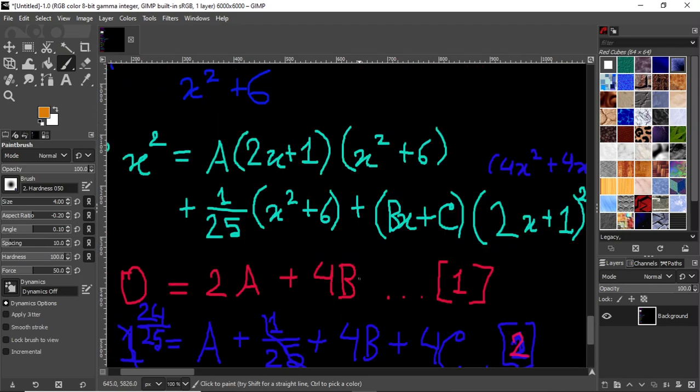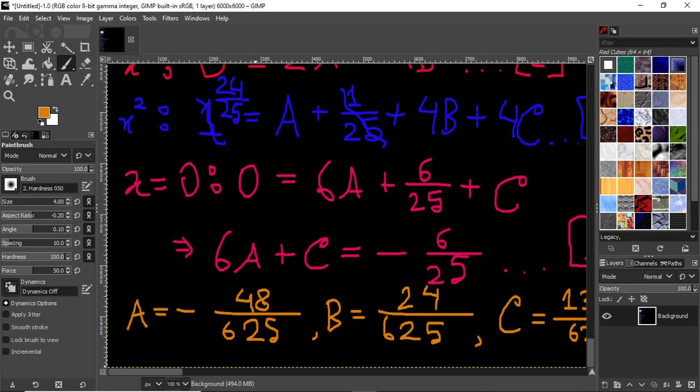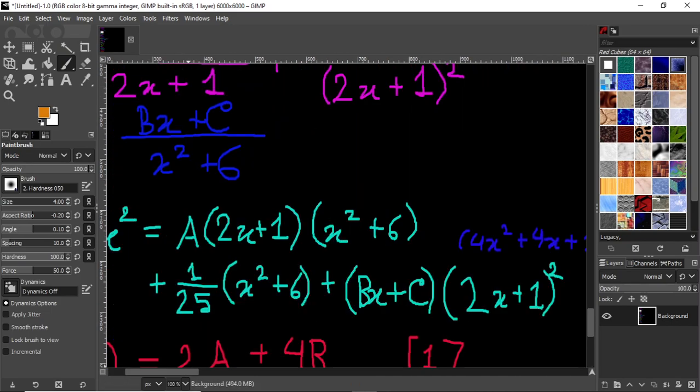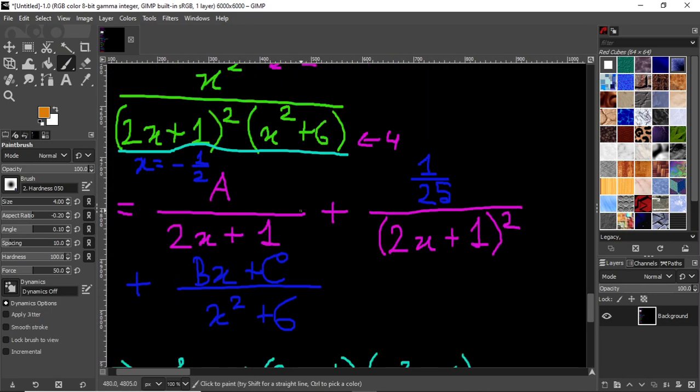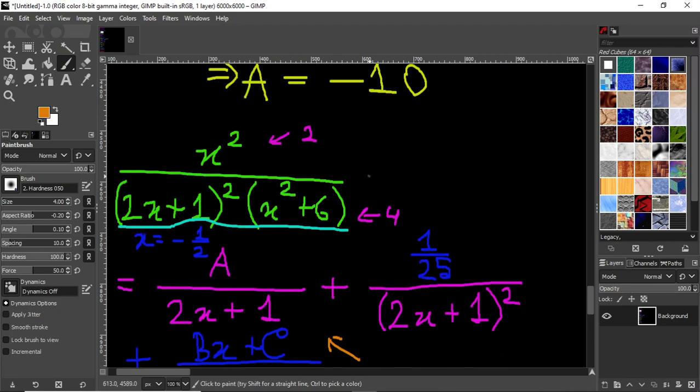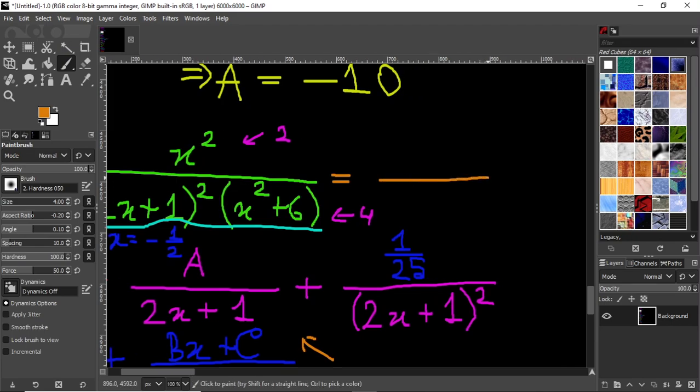All right, we got our values, we got our unknowns, and substituting them here and simplifying a bit, we see that if we break this down into partial fractions, it would be minus 48 over 625 times 2x plus 1.